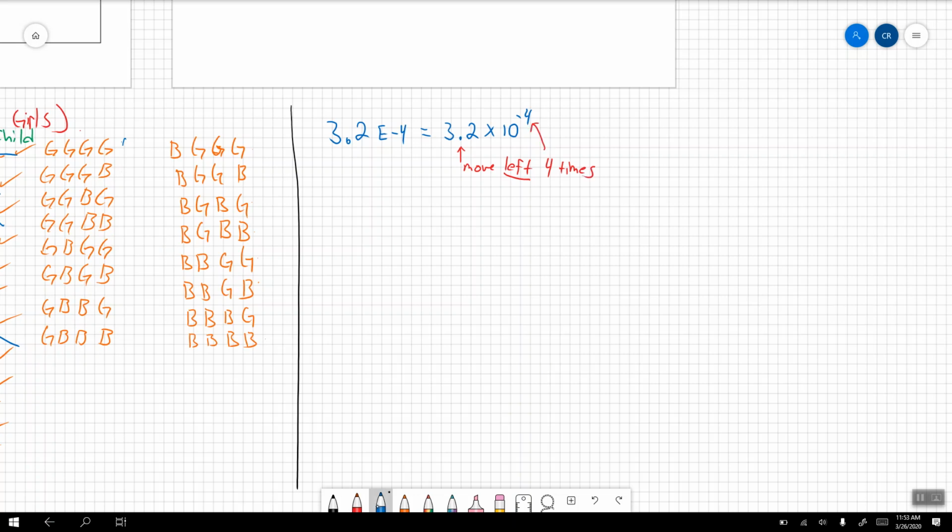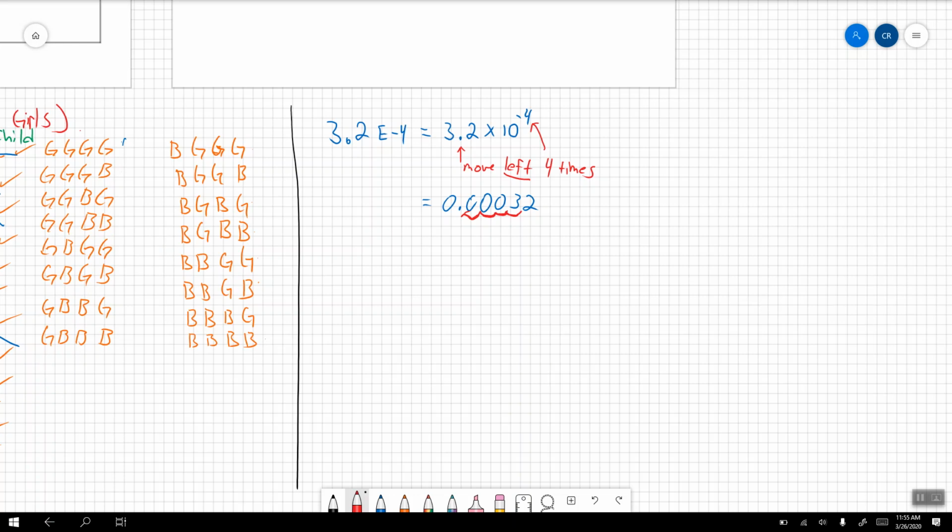So this naturally says we get 0.00032 because we move it 1, 2, 3, 4 times to the left, which means we got the same answer.